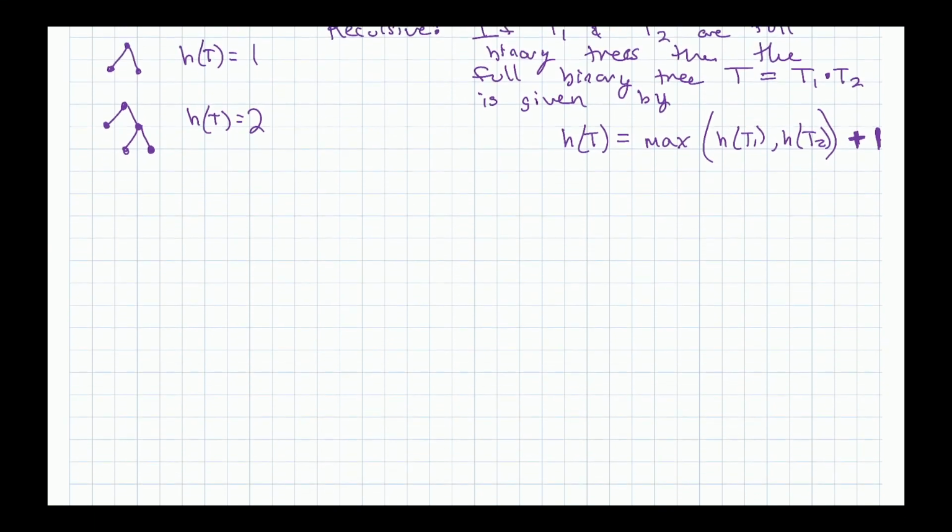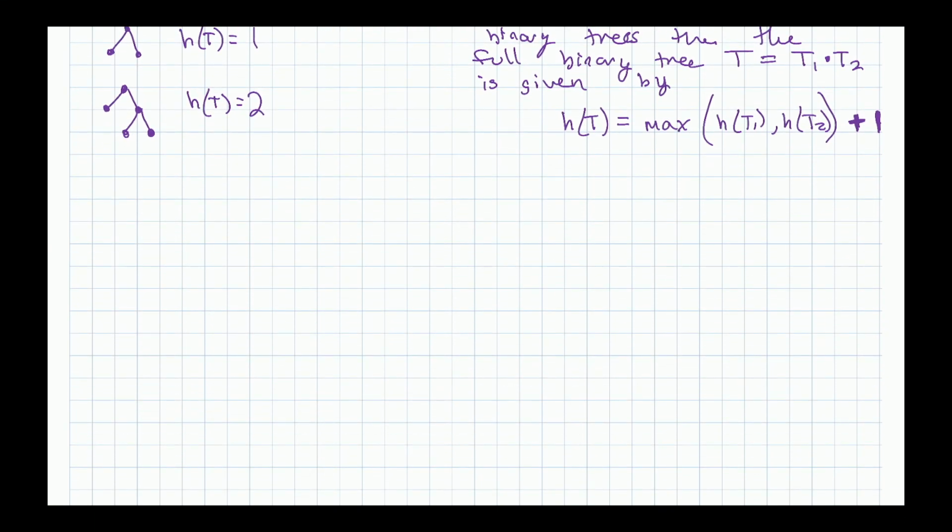So just to think about this for a second, right? Based on our intuitive definition, if this was T1 and then I gave you a T2 that looked like this, so this is T2, then what would the height be of these two? So this one right here would have a height of 1, right? And this one over here, you can probably guess, would have a height of 2.